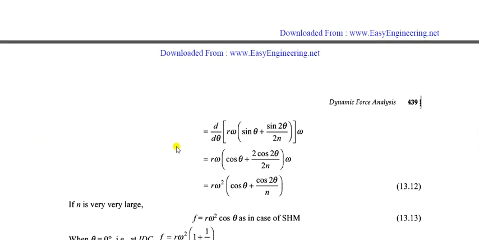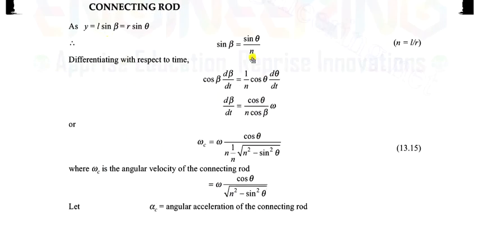So coming here again, sin beta equals r sin theta by L, and sin beta is equal to sin theta by n. How? Because sin beta is equal to r by L into sin theta, but n is equal to L by r, so r by L is equal to 1 by n. So sin beta is equal to sin theta by n.